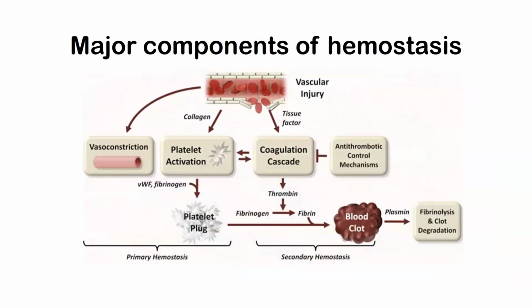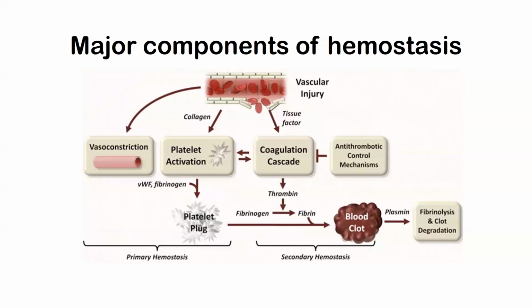So to understand further, we need to know what happens in our body when we get an injury. First of all, our blood usually flows in a laminar way in the vessel. Once there's a cut or an injury, there's vasoconstriction. Vasoconstriction is the first thing which happens, where the collagen and the platelets form a platelet plug.